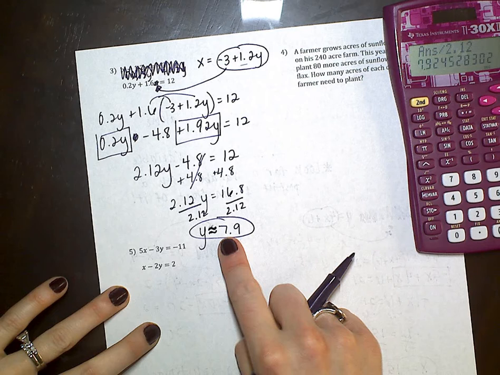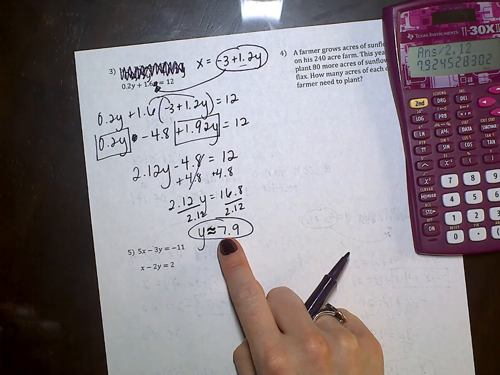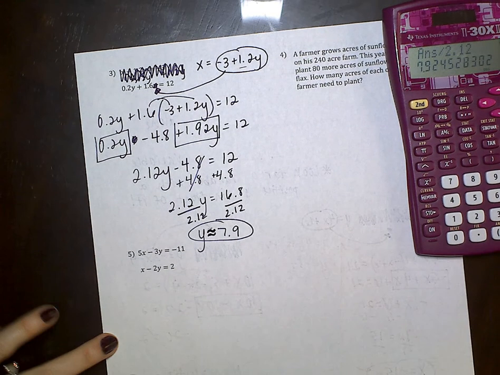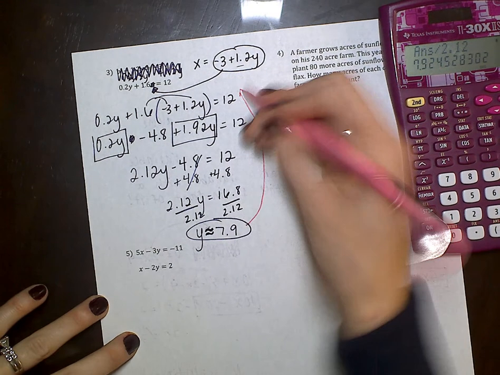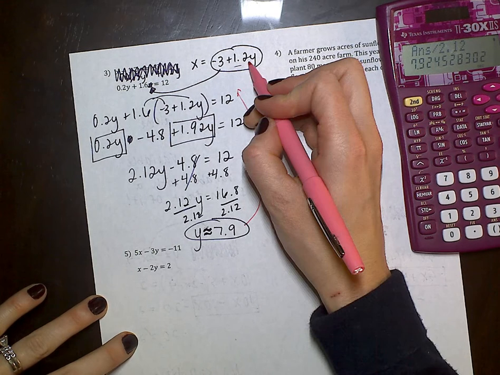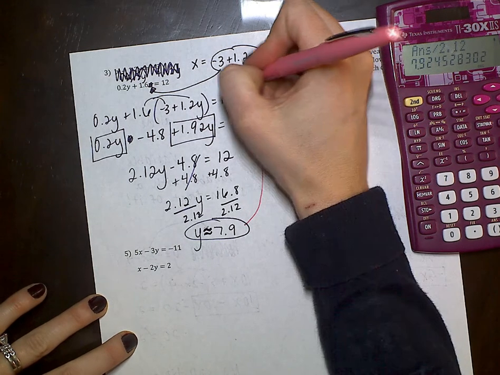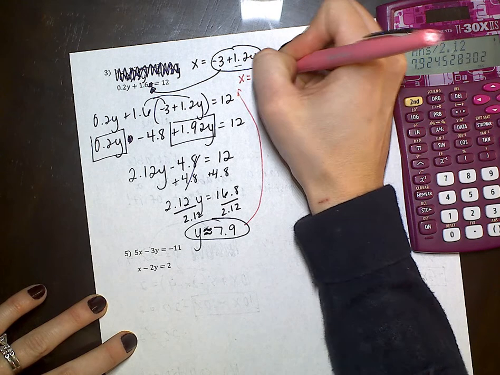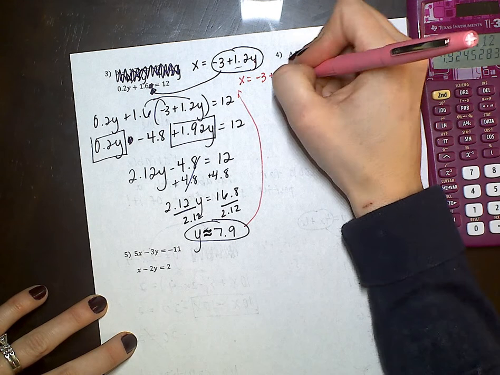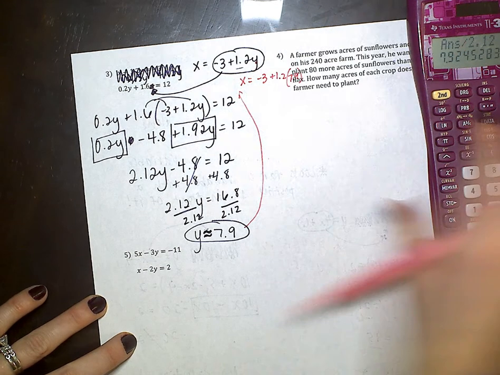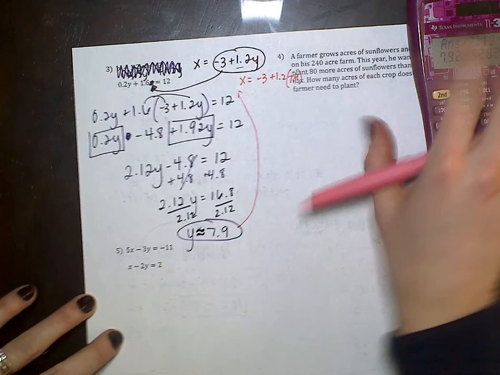Okay, it's kind of like two answers when you do substitution. You have to find the y and you have to find the x. So bring it back up, go to where the variable was alone, plug in your y right here to get the x value. Ooh, I'm running out of room. Sorry, that says 1.2 times 7.9. So I'm just going to plug that into my calculator.